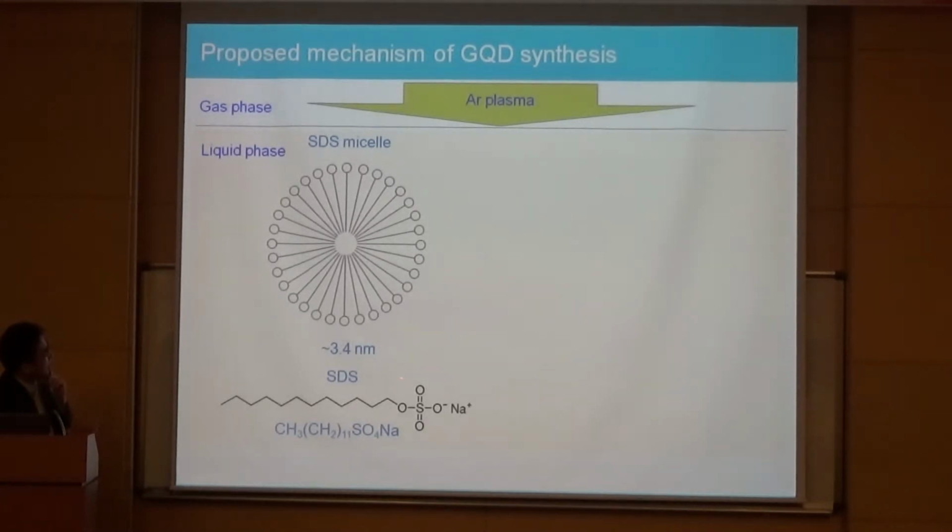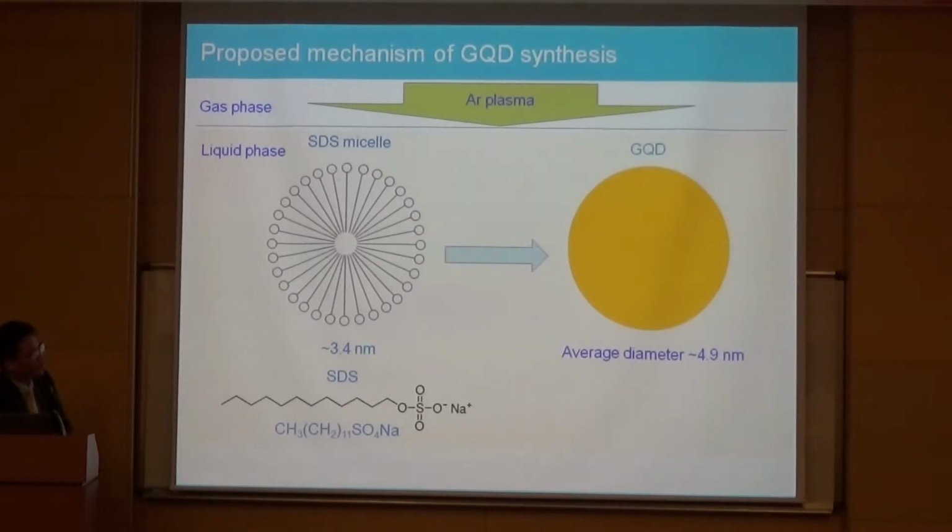So in my mind, the story is that in the liquid phase, in the electrolyte, we have the SDS micelle here. And according to the literature, the micelle size is about 3.4 nanometers. Once they come to the interface of the gas and liquid, our plasma will provide high energy radicals and electrons. Once these high energy electrons and radicals encounter the micelle, maybe they have some polymerization.